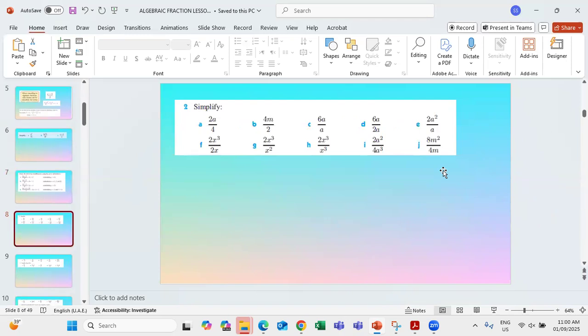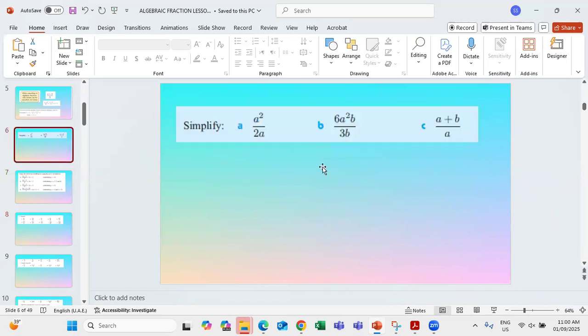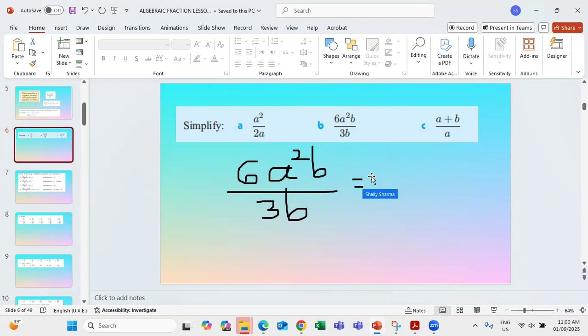Now we have some questions over here and we have to simplify them. We have a question 6a squared b over 3b. This is only one term because there is a multiplication sign between the letters and the number.